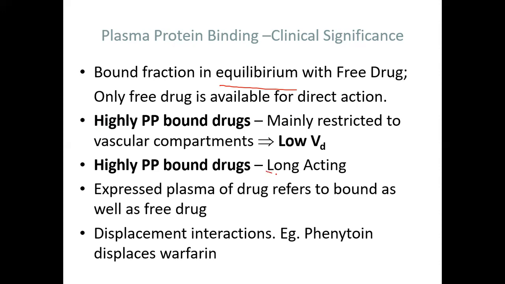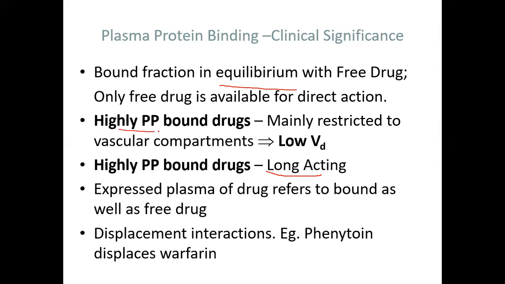So this drug will be longer acting. Only the free drug would be able to cross this membrane and be excreted. Then the bound drug would be released, as equilibrium is maintained.